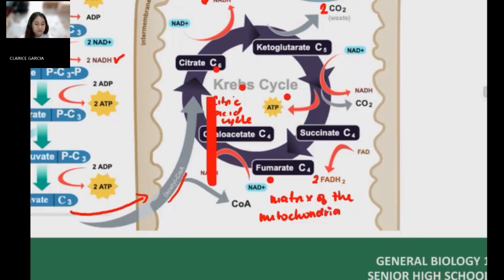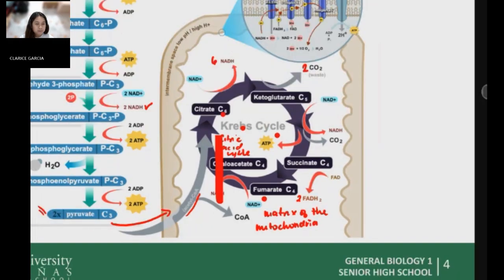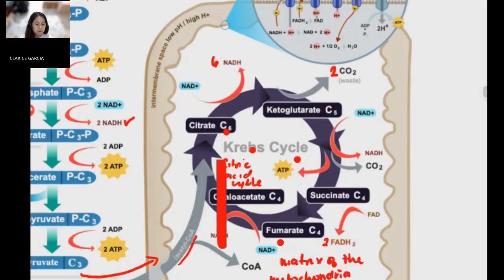Now, the produced ATPs, NADH, and FADH2 will enter the inner mitochondrial membrane. This is where the electron transport chain is located.